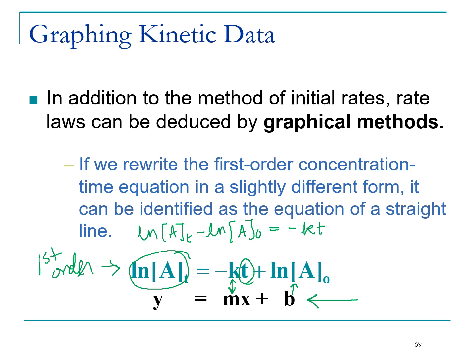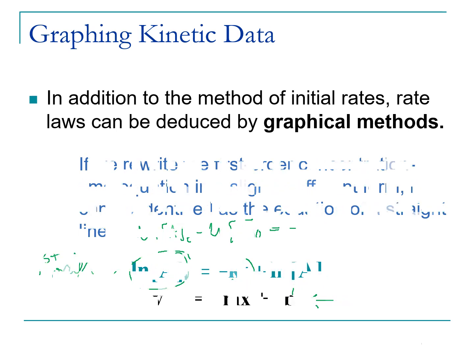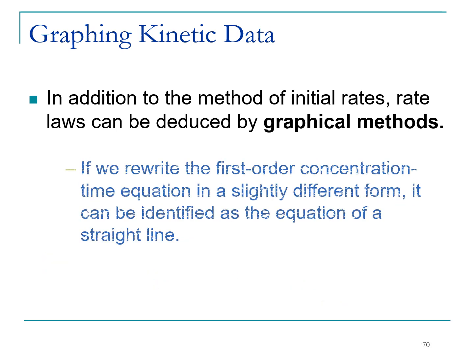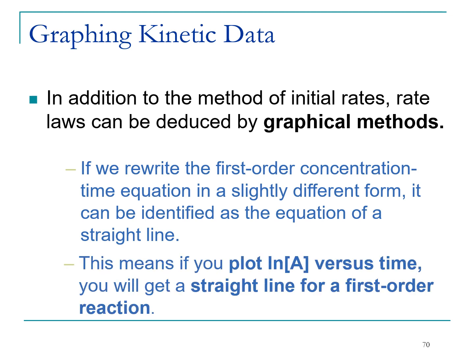I think we'll do something like this in lab, but let's take a look at an example. Again, if you plot natural log of A versus time, you should get a straight line if it's a first order reaction.